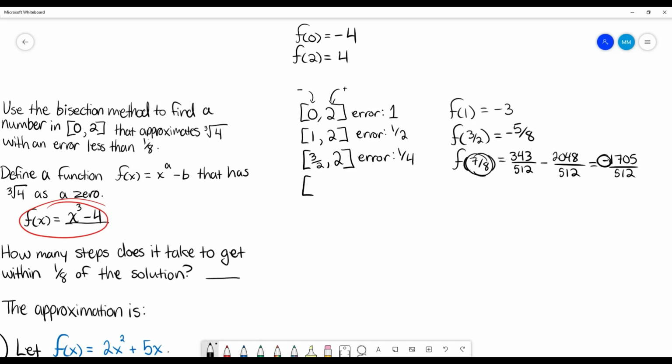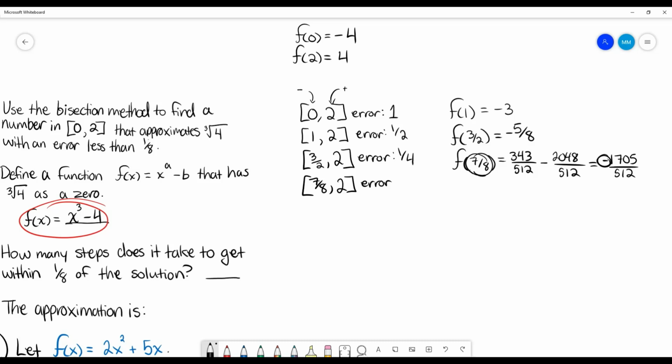If I replaced the 2 with this x, then both x values within my interval would result in a negative number, which would mean that we can't guarantee there's a 0 between them. There might be a 0 between them, but we can't guarantee it at that point because it doesn't satisfy the intermediate value theorem.